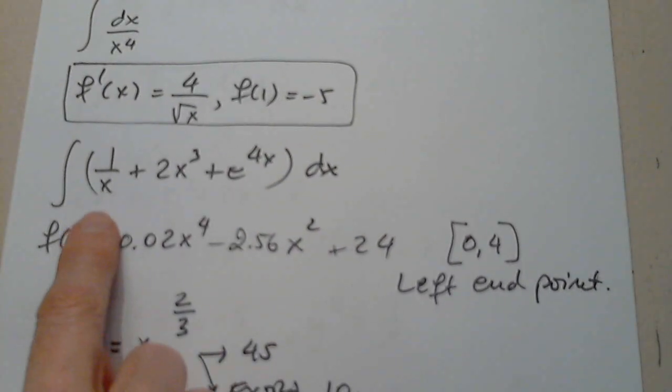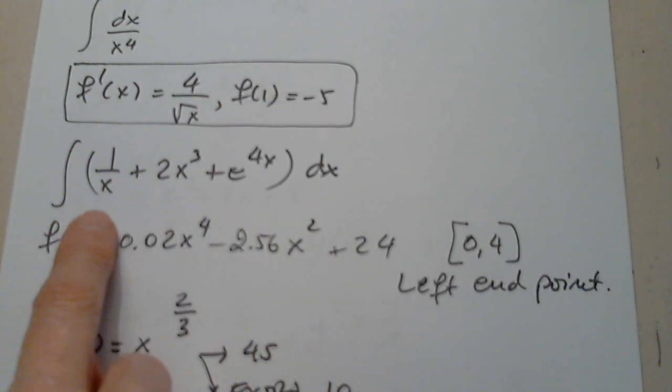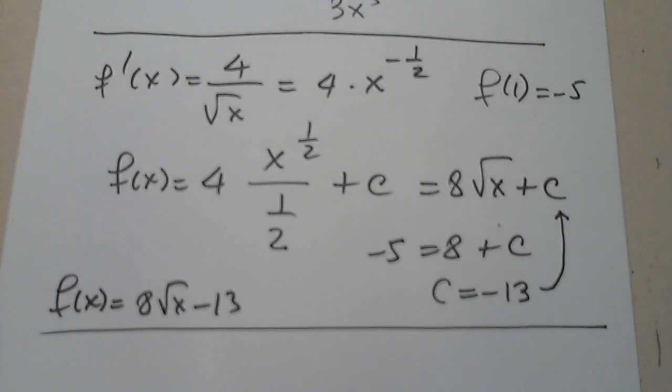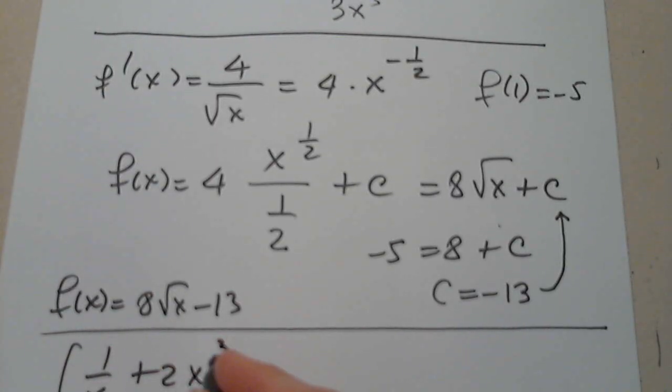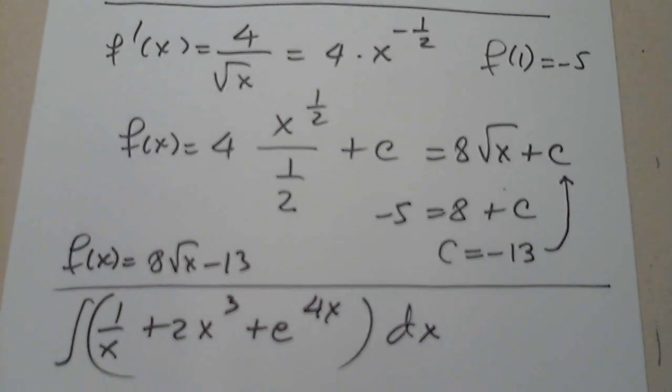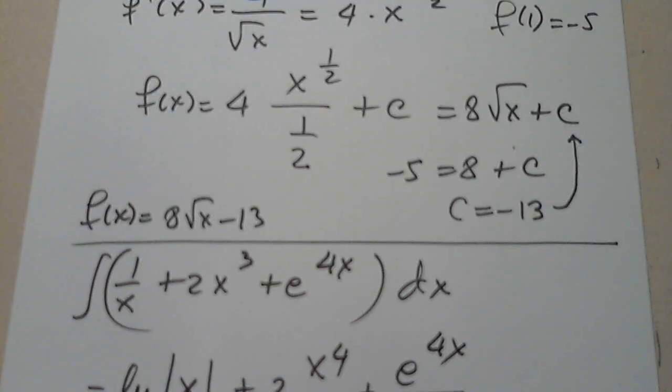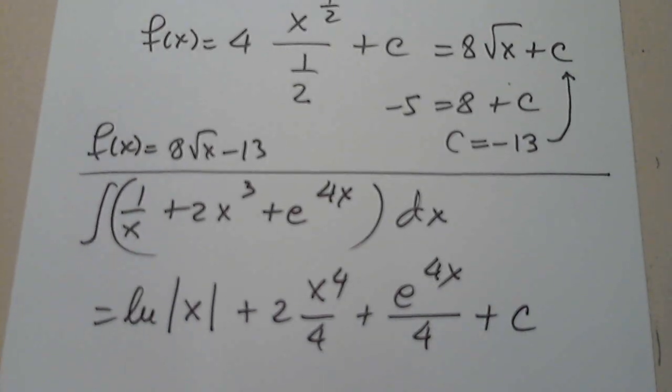So here we're given this integral. It's an indefinite integral. Is it a yes or a no? Yes, please. Very good. So here we have the integral of 1 over x plus 2x to the third plus e to 4x dx. Please remember this is natural log of the absolute value of x plus 2x to the fourth over 4 plus e to 4x over 4 plus a constant c.